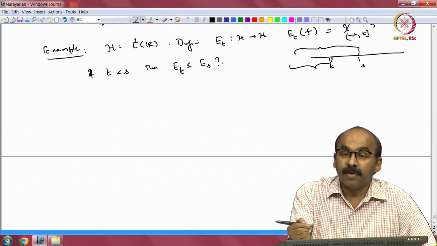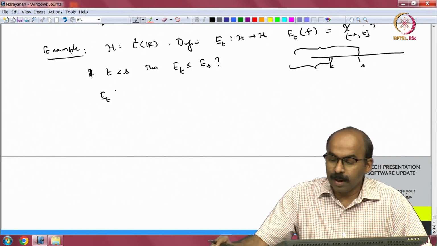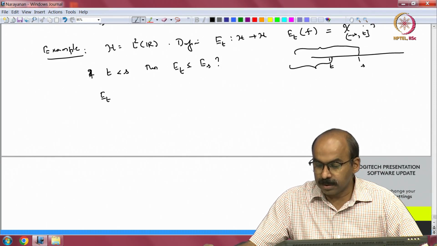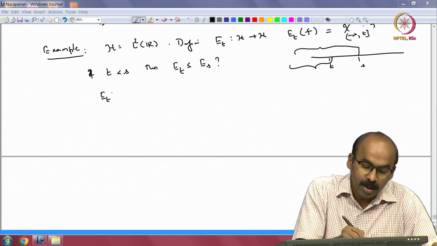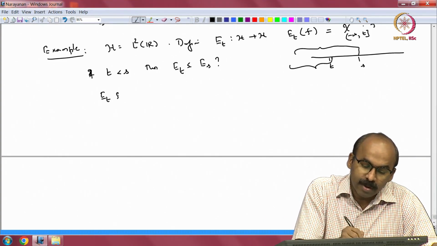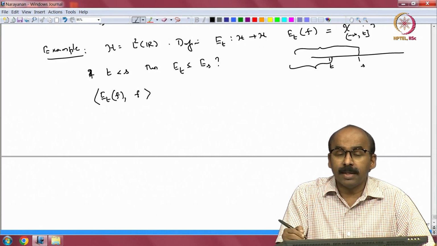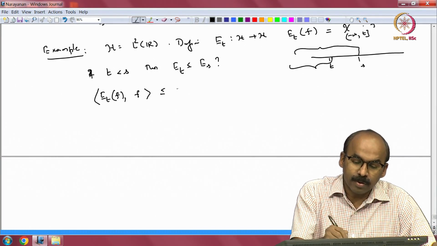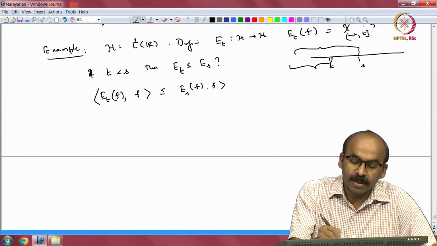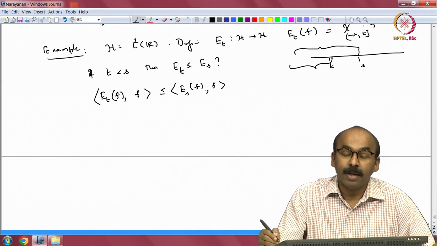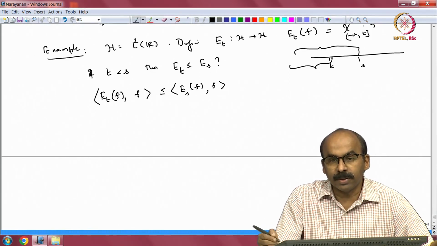So, that is the thing we need to check, but that is the same as: I look at its action on some function and take inner product with the same function. So, I need to look at E t f inner product with f, right, and see if it is less than or equal to E s acting on the vector inner product with the same vector, right. This is what you mean by E t is less than or equal to E s, right, or E s minus E t is a positive operator.